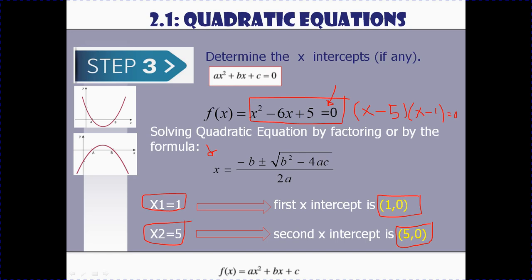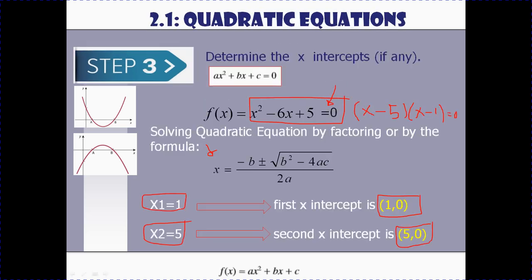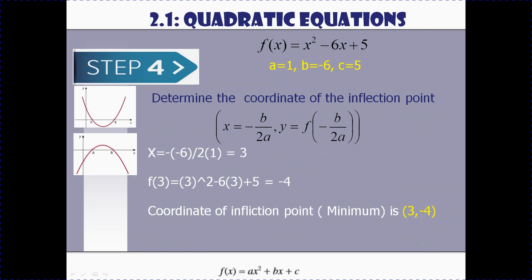Just to remind you, we found that this function is up, the y-intercept is (0, 5), and the two x-intercepts are (1, 0) and (5, 0).